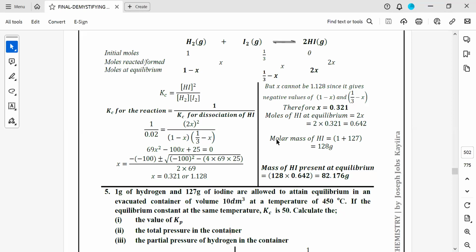If the equilibrium constant at the same temperature, Kc, is 50, calculate the value of Kp, the total pressure in the container, and then the partial pressure of hydrogen in the container.